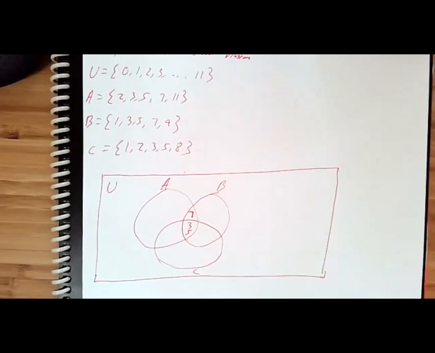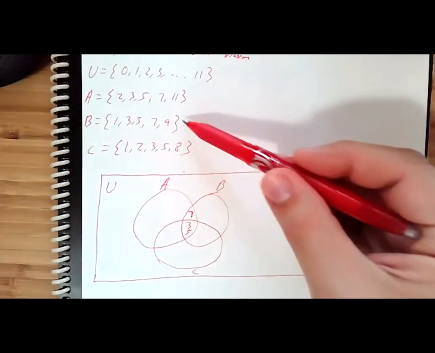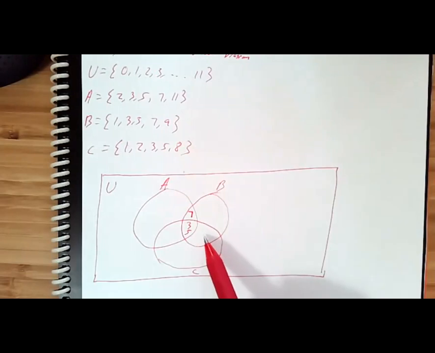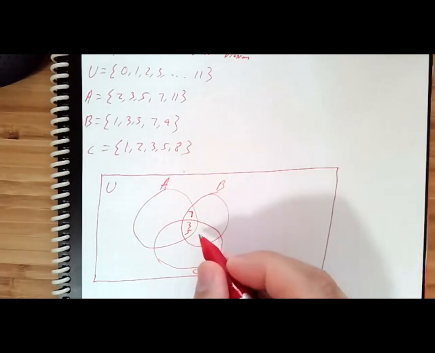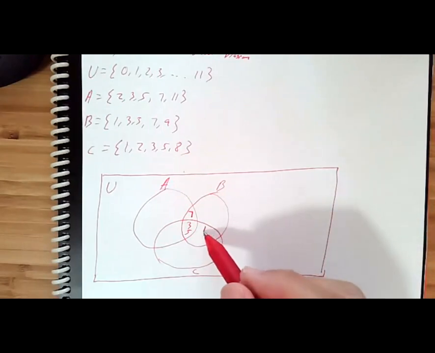Okay, now what do B and C have in common, but it's not inside the A? Okay, that'll be this piece. They have 1, 3, and 5. The 3 and 5 is inside the A, right? So those are already right there.